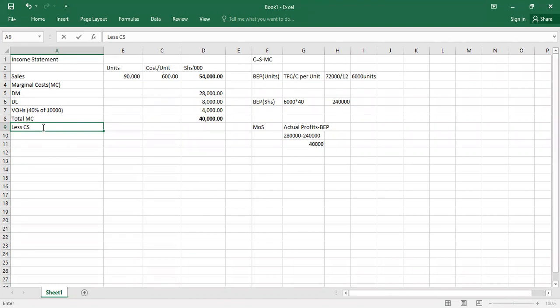What we are talking about is for the previous period. For this particular period, we have closing stock. We are selling 90, we are producing 100. So closing stock should be 10,000.